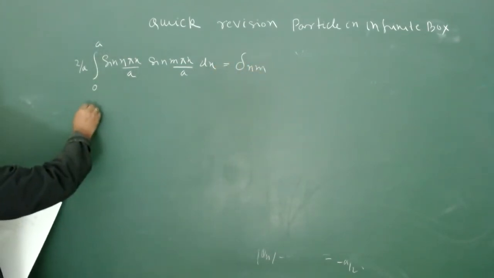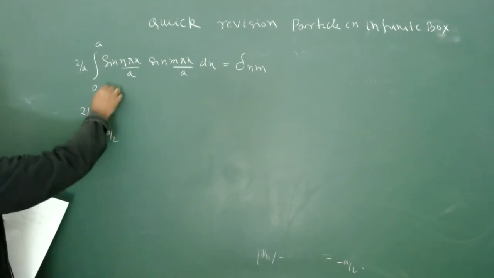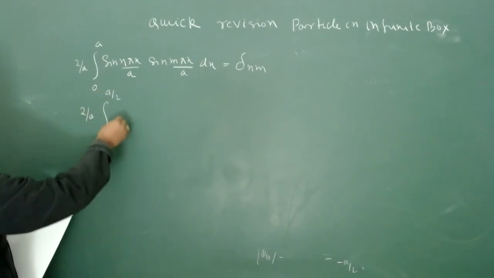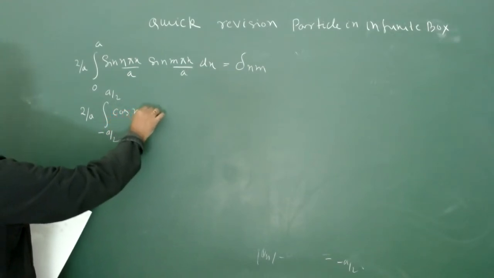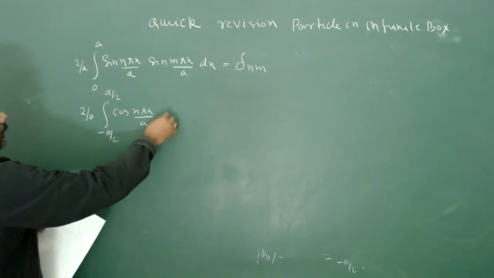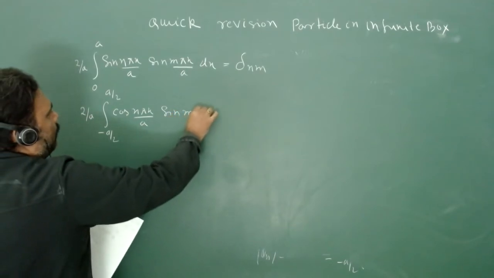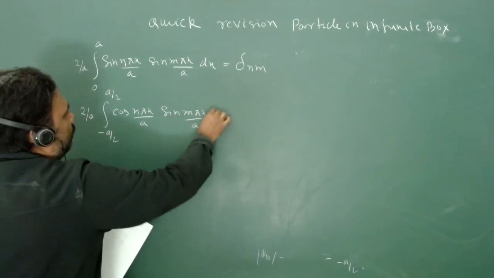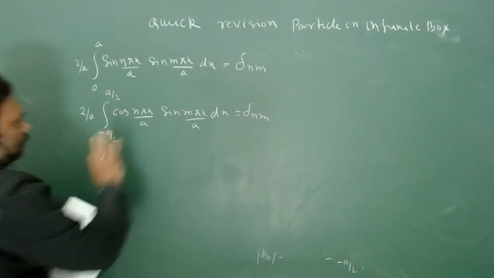Similarly, the second integration is again 2 by a, from minus a by 2 to plus a by 2, cos n pi x upon a and sine m pi x upon a dx. This value is also delta nm. So this is very simple.